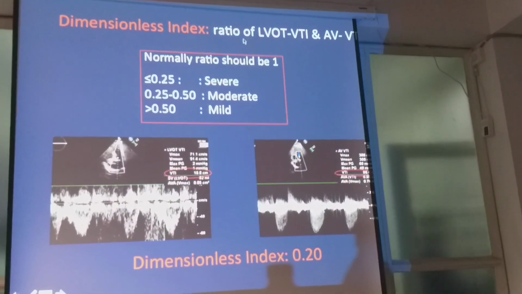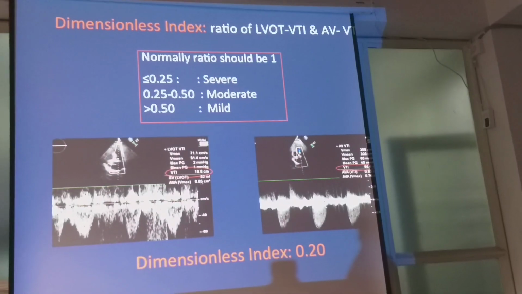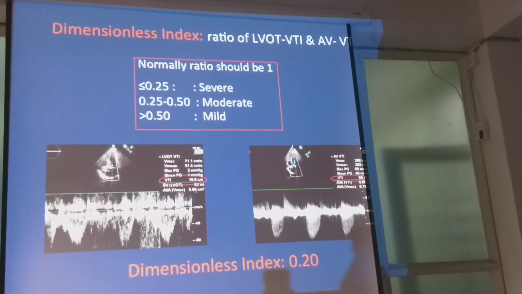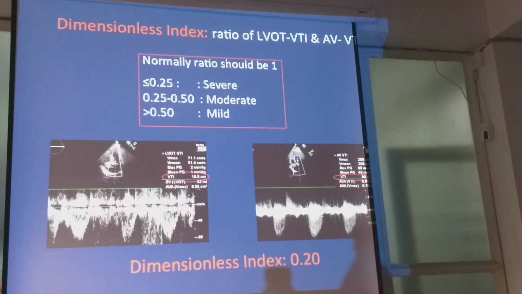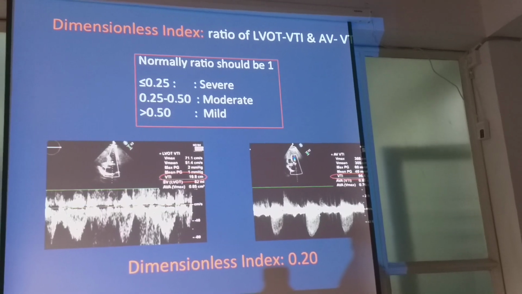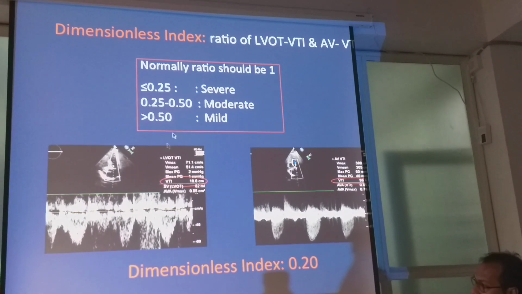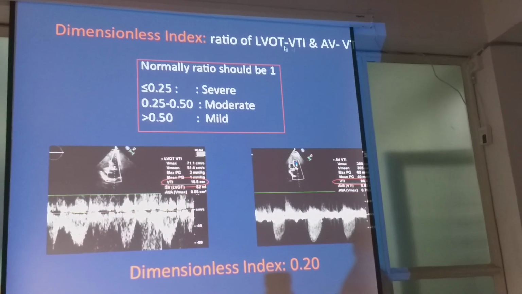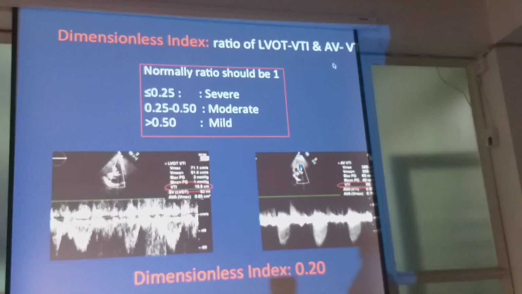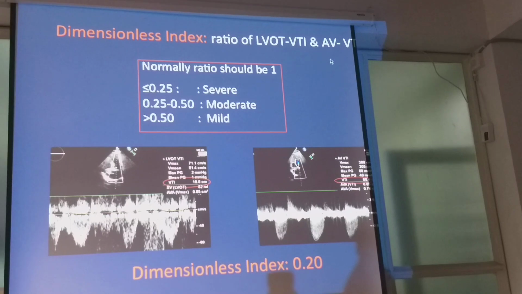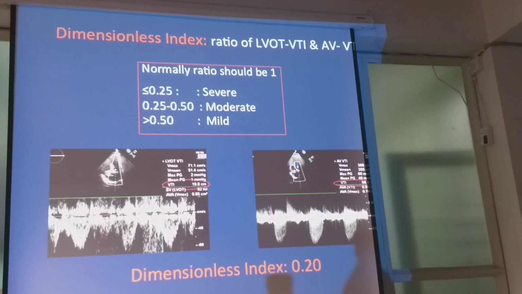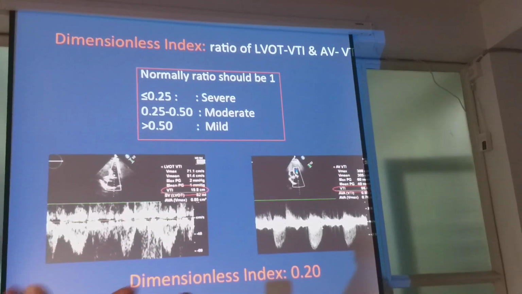এটা ভীষণ ইজি, এটা হচ্ছে গিয়ে aortic valve এরিয়া যেটা করলে তোমরা তখন এলভিওটি গ্রেডিয়েন্ট বাই পালস ওয়েভ ডপলার নিলে তো এলভিওটি ভিটিআই, aortic valve ভিটিআই নিলে এটা নিয়েই এলভিওটি ভিটিআই ডিভাইডেড বাই aortic valve ভিটিআই রেশিও বার করবে। Normally if X amount of blood is passing through the LVOT, X amount should cross across the aortic valve.